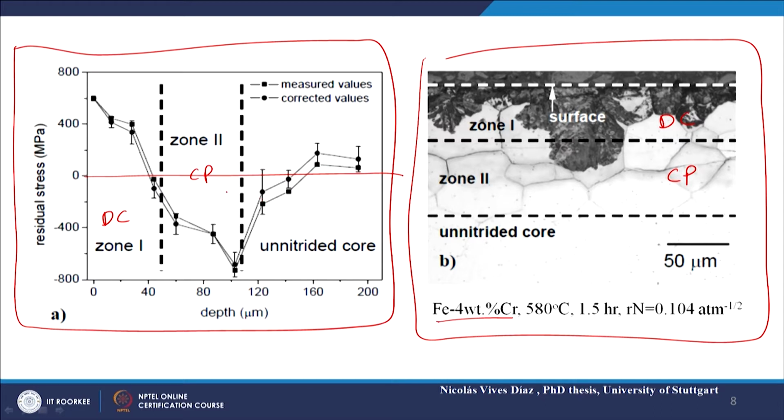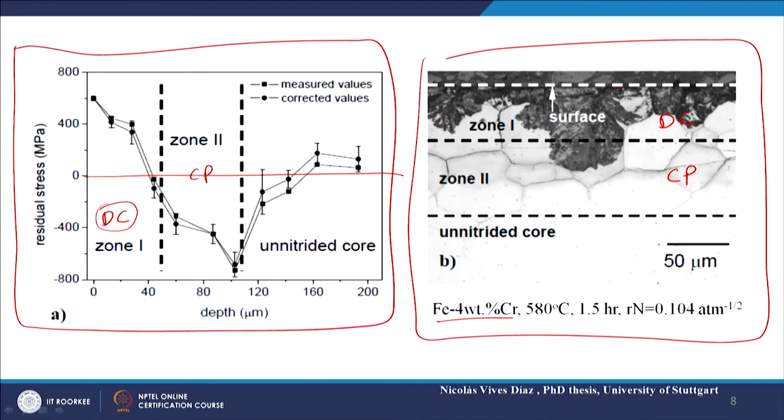You see that this DC reaction, the development of these discontinuously coarsened regions, not only reduces the hardness, but also introduces tensile residual stresses, which are not at all favorable for good fatigue resistance, because all the cracks start to initiate and travel into the sample from the surface.